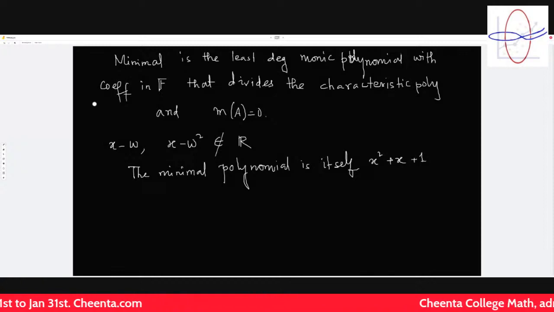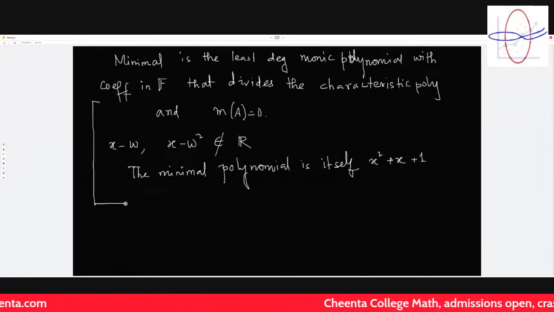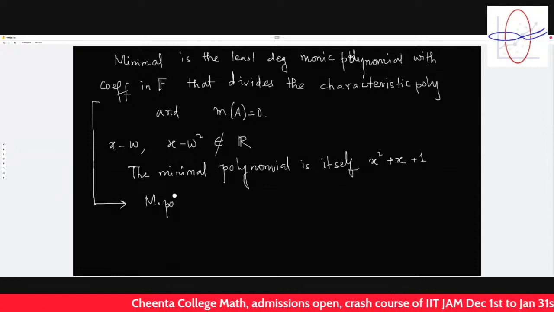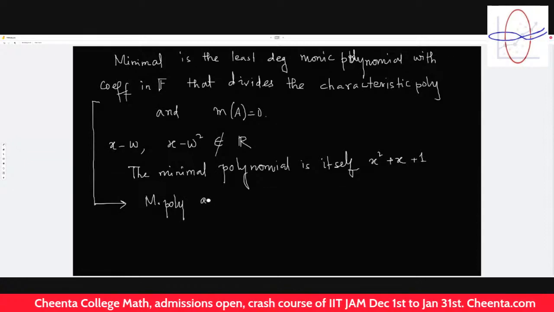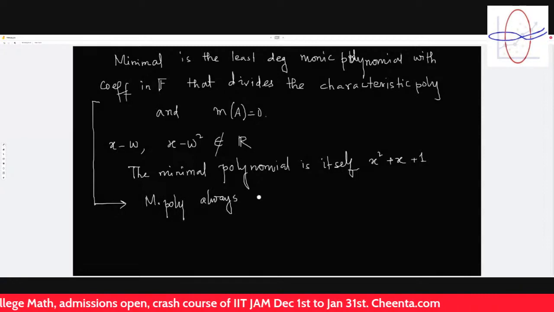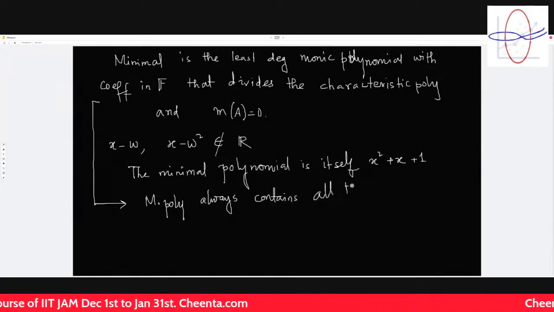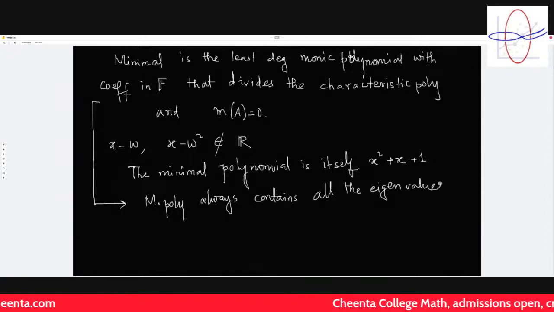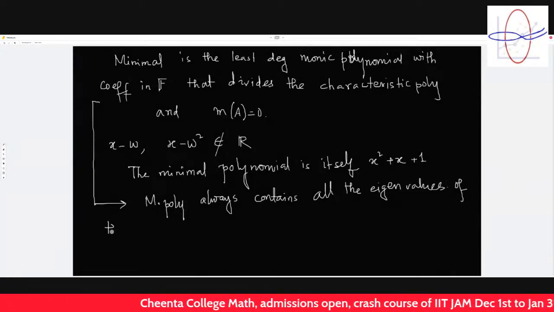Now, one of the consequences of a polynomial being the minimal polynomial is that the minimal polynomial always contains all the eigenvalues of the matrix.